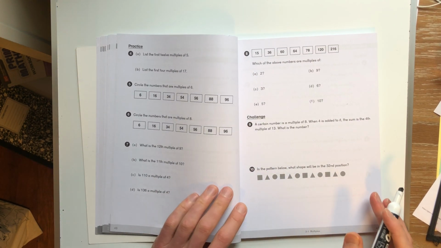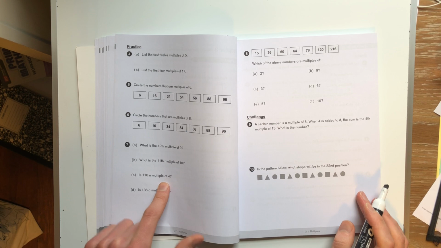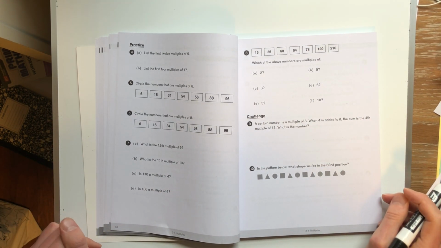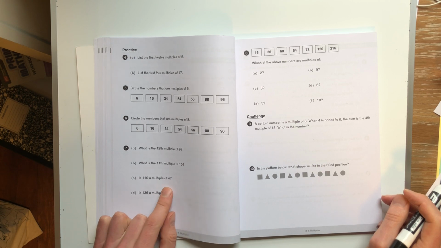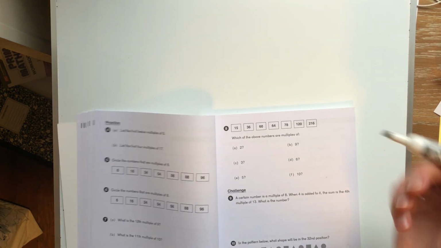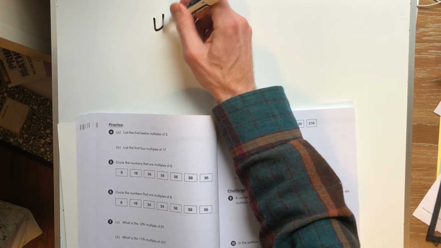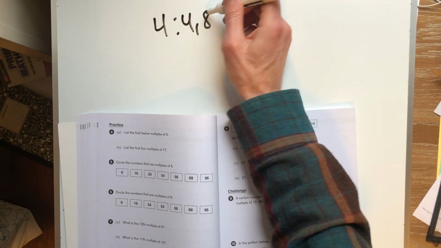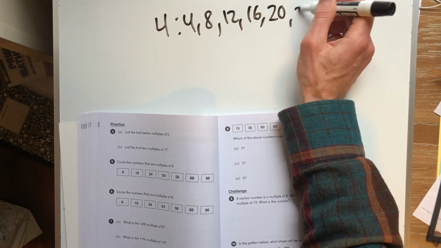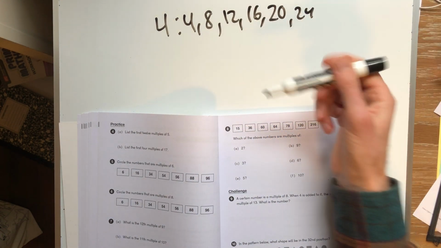So for multiples of 4, you can half it twice. That's probably the easiest way to think about these ones. Those are kind of tough. But can you half the number twice? Because let's look at 4s. 4, 8, 12, 16, 20, 24. You can half them all and then half them again.